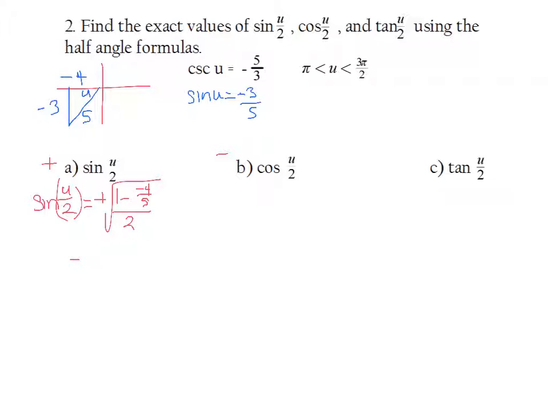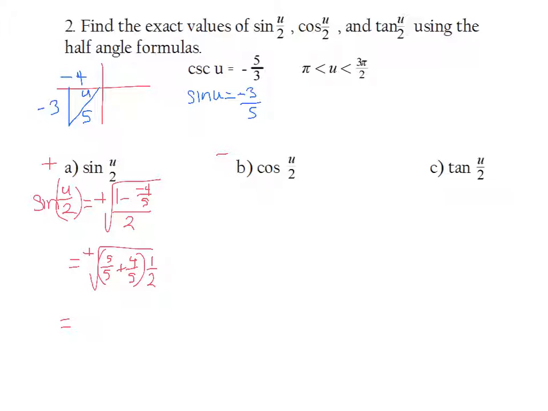These come out a little bit nicer because everything's going to be a nice fraction. No radicals, you just work through the numbers. This is going to end up being a positive. Big square root. I'm going to write this as a 5 over 5 plus 4/5. And instead of dividing it by 2, I'm going to bring it up and multiply it by a 1/2.